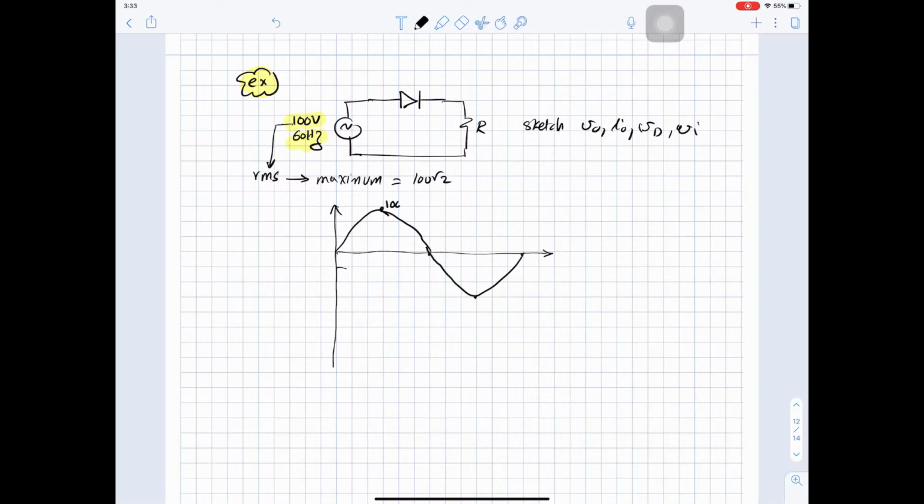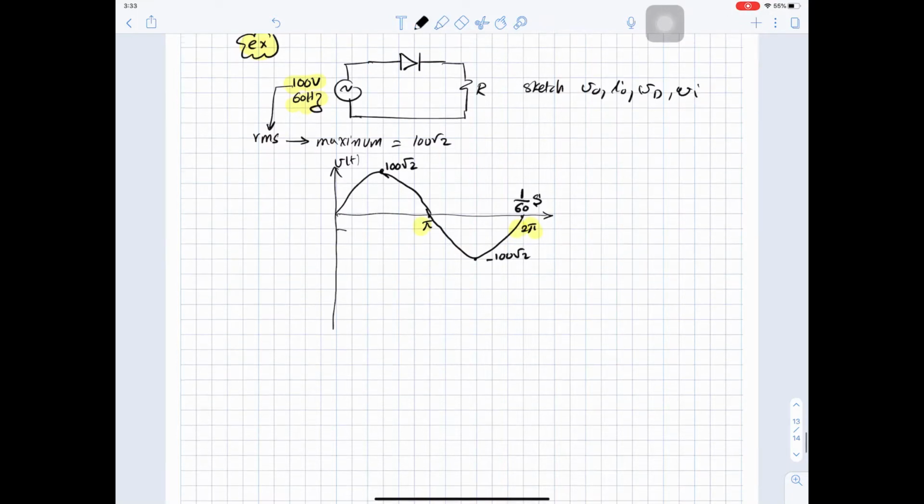So this value will be 100 root 2, and this value will be negative 100 root 2, and this is V of t. And this will be pi, and this will be 2 pi. You can write this in seconds as 1 over 60 seconds, because you are given the frequency as 60 hertz, or you can just leave it as angles pi and 2 pi.